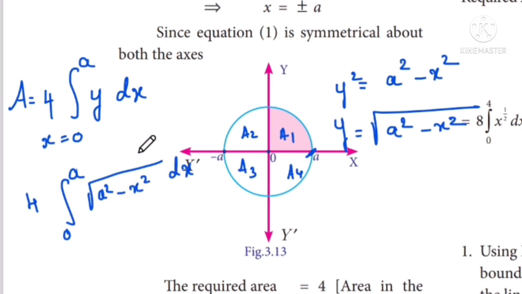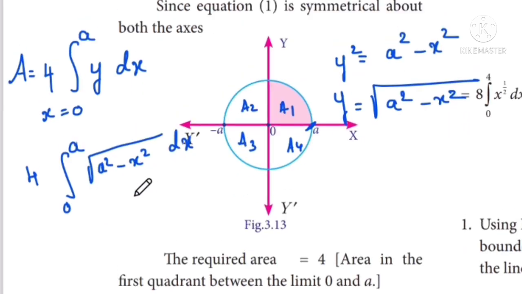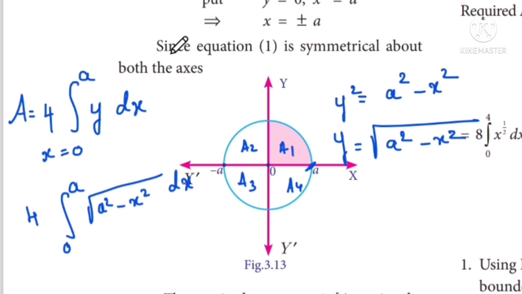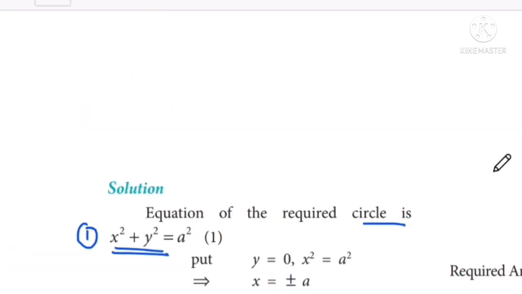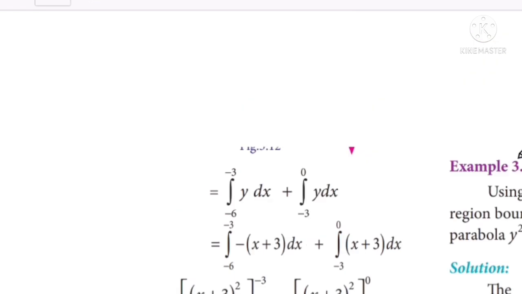Now how do you integrate this? You have to remember a formula. The first thing in this question is to remember the equation of a circle with the center at the origin. The second thing is to know the formula to integrate root of a square minus x square.